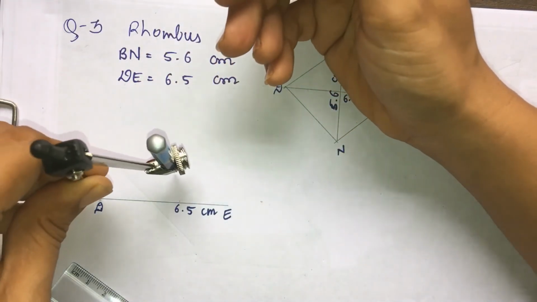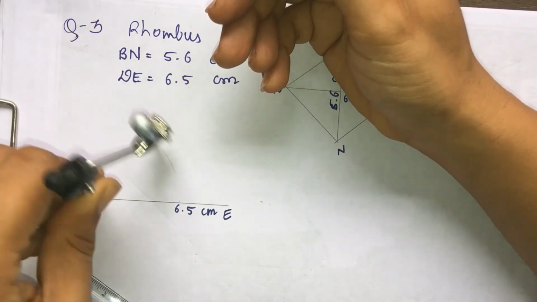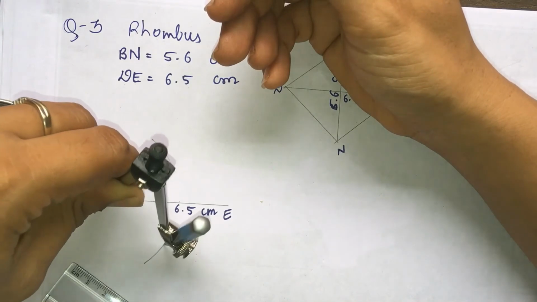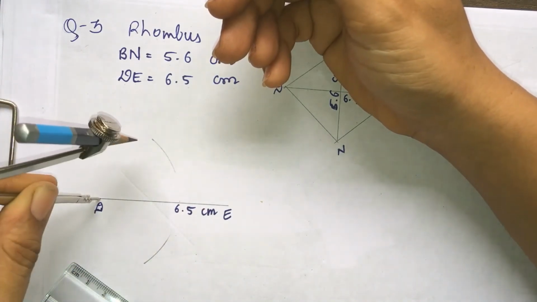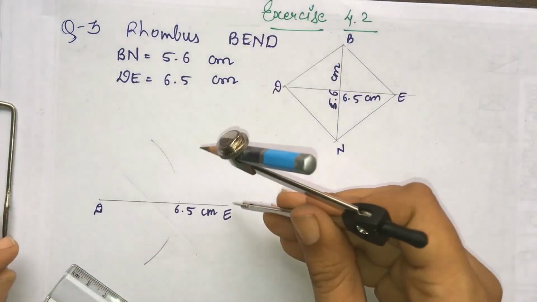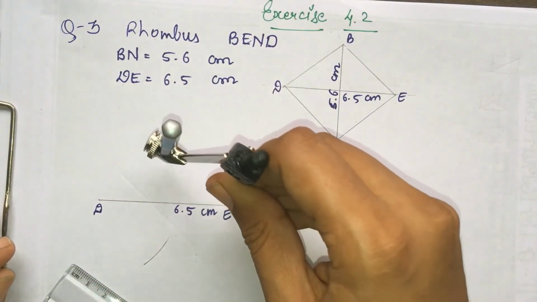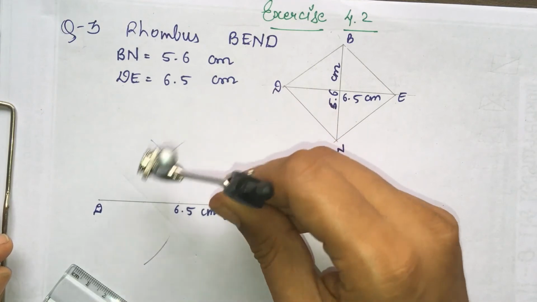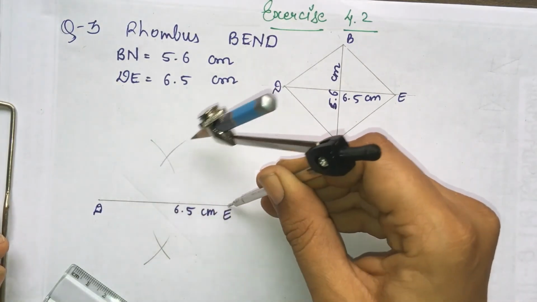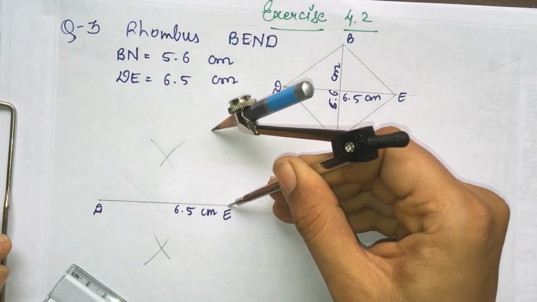So now I will draw an arc on both the sides of DE, taking D as center. Same way, taking E as center, I'll draw two arcs on both the sides which will cut the previous arcs at some point.